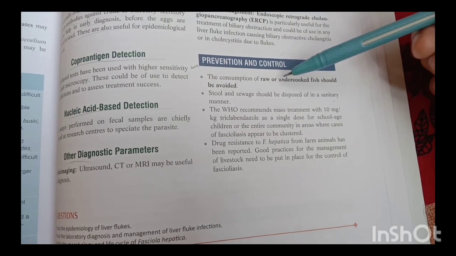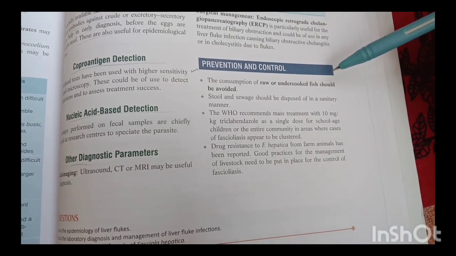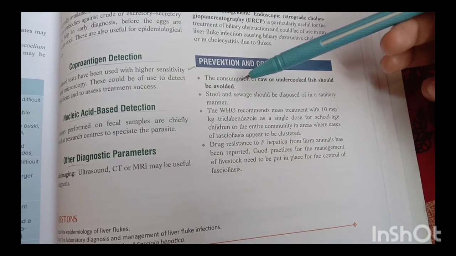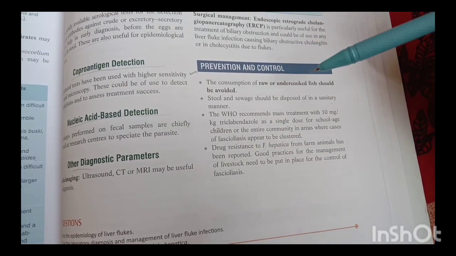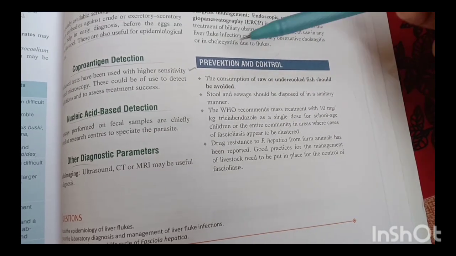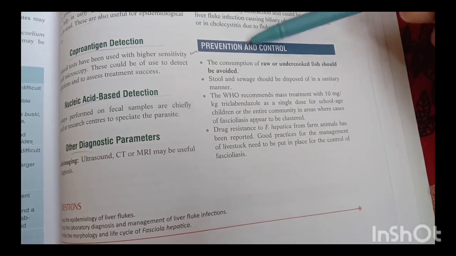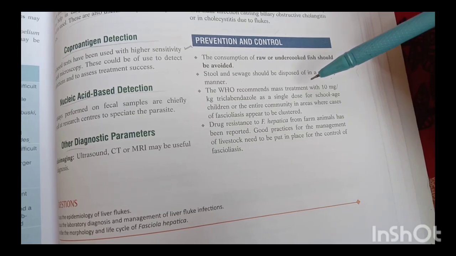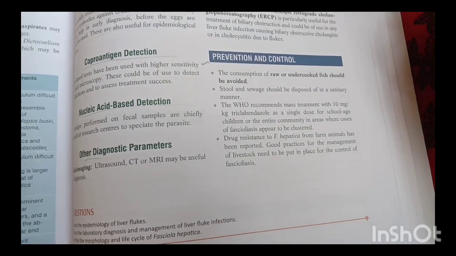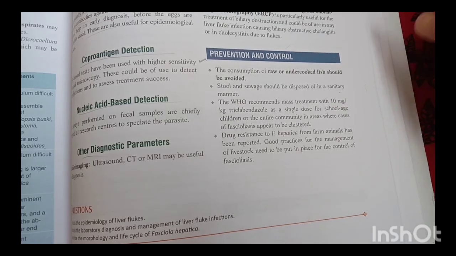We should stop consuming raw or undercooked fish or other aquatic plants. Next, there is a proper sewage system, underground disposal of the waste materials, and there are some drugs we can use. So these are the prevention and control of Fasciola hepatica and Fasciola gigantica.